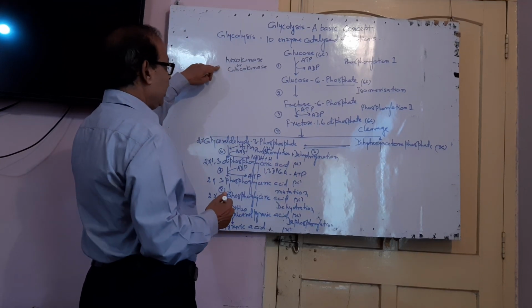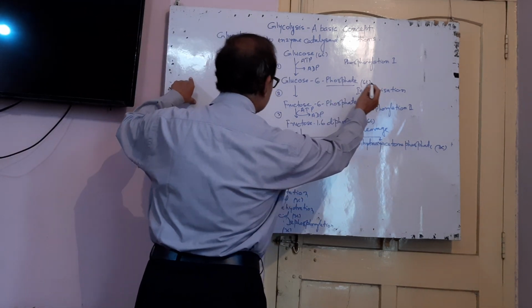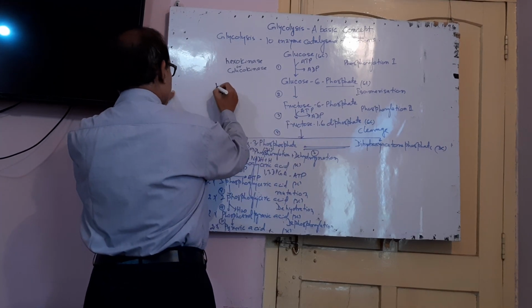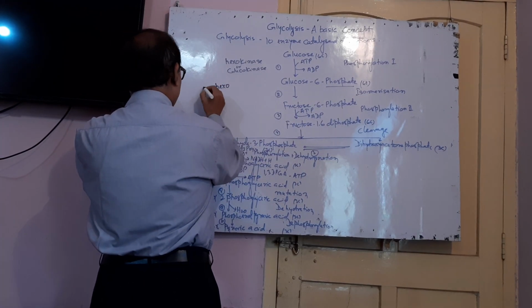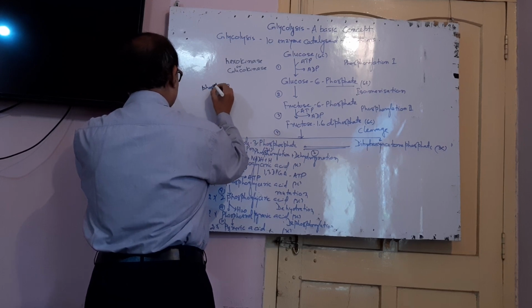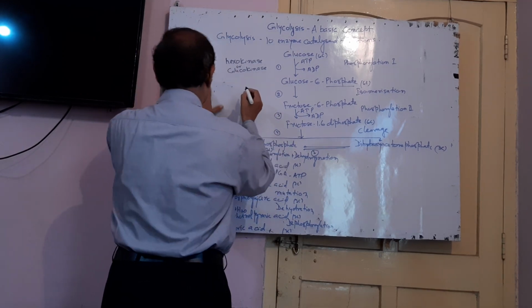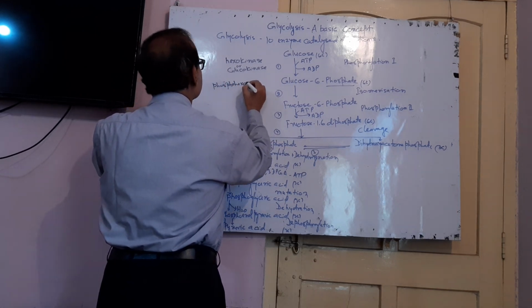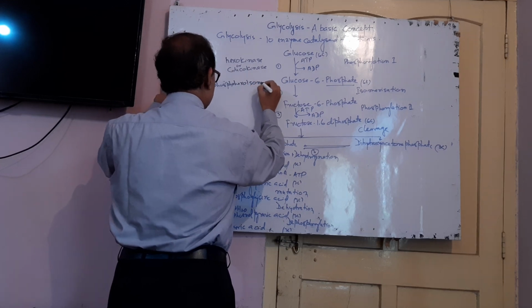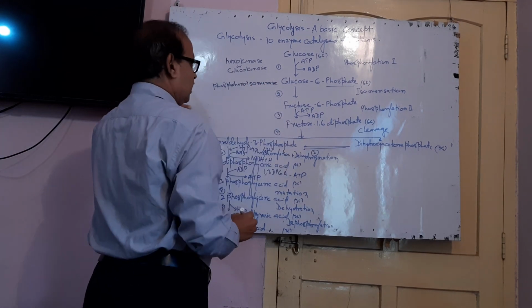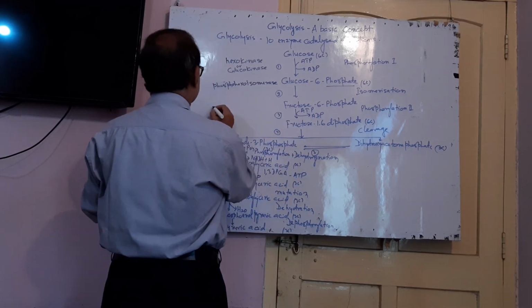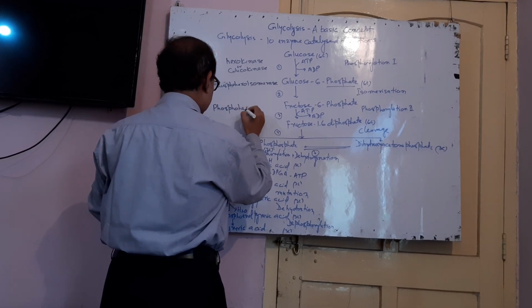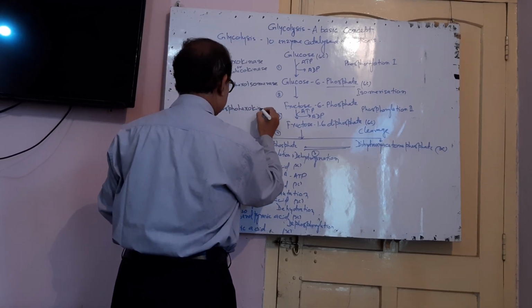So the first is hexokinase, and the second enzyme is called phosphohexoisomerase. And the third one is again phosphohexokinase.